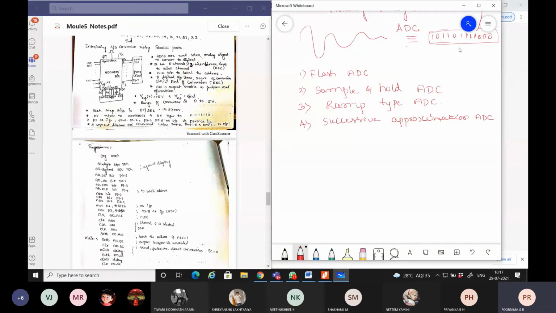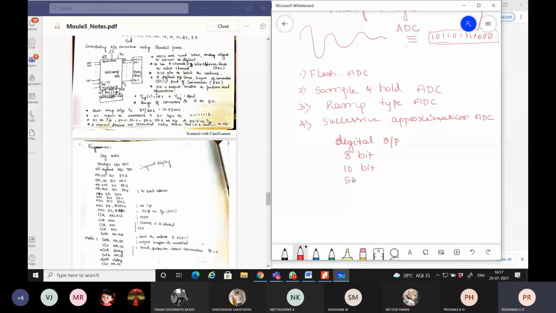The digital output of these ADCs sometimes may be 8-bit output, or it may be 10-bit output, or sometimes it may be single bit output.